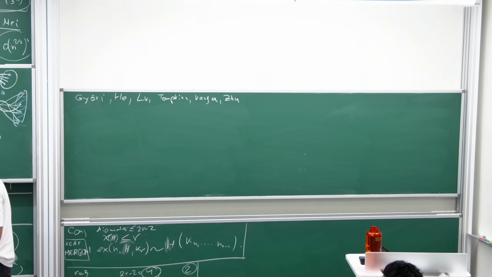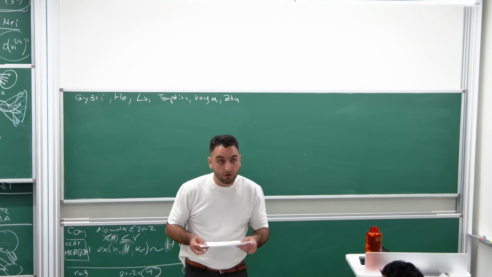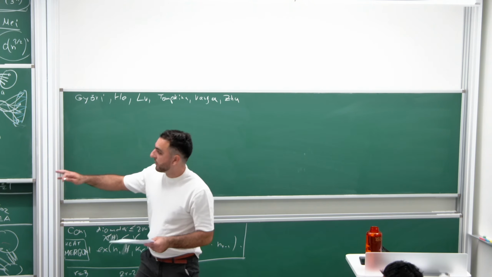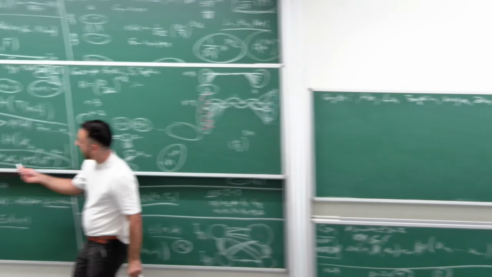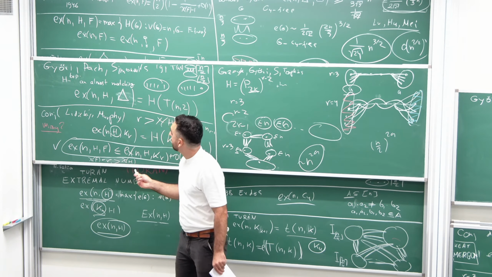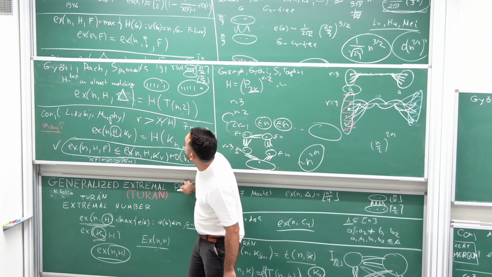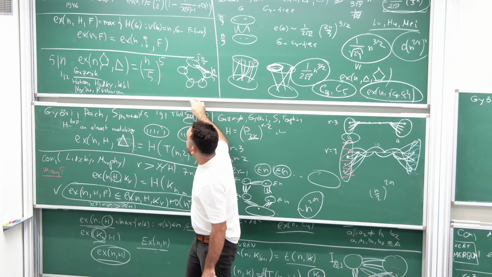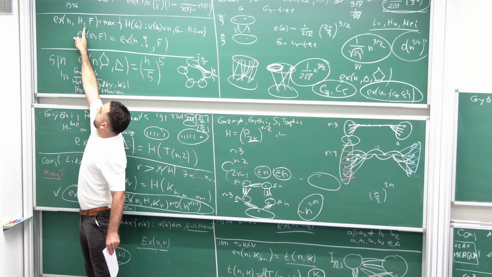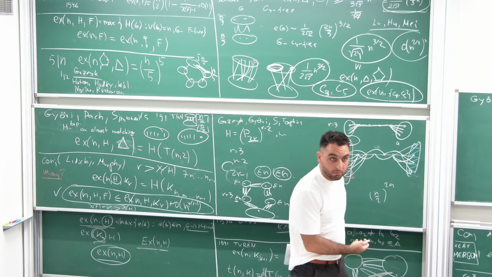So we tried to work on some problems about cycles. Generally, for these problems, if a blow up of H is F3, then we have how many copies of H?